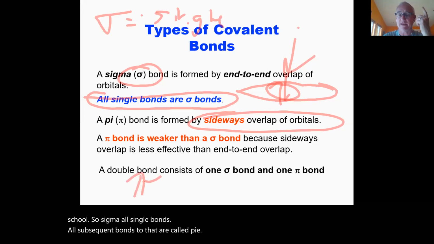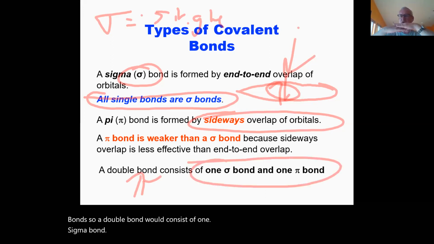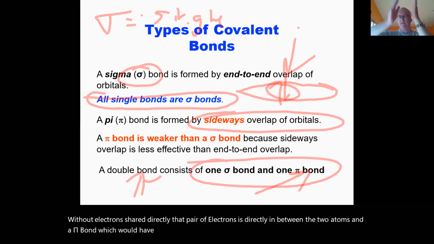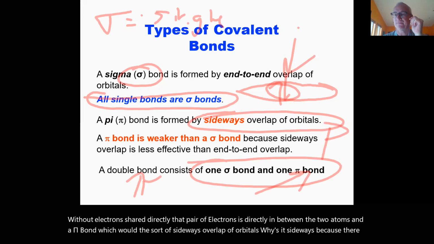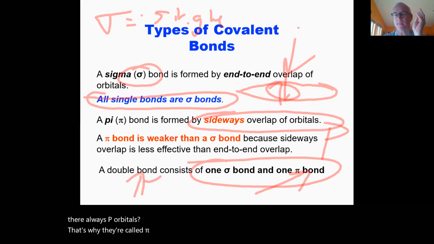So a double bond would consist of one sigma bond, where that pair of electrons is directly in between the 2 atoms, and a pi bond, which would have this sideways overlap of orbitals. Why is it sideways? Because they're always p orbitals. That's why they're called pi bonds, because they're made with p orbitals.